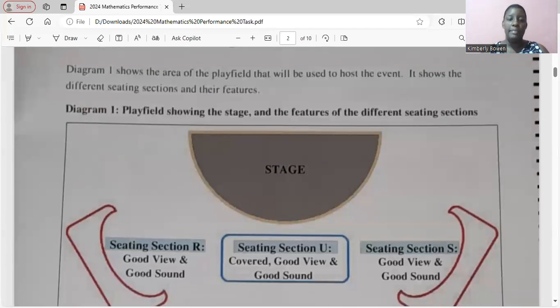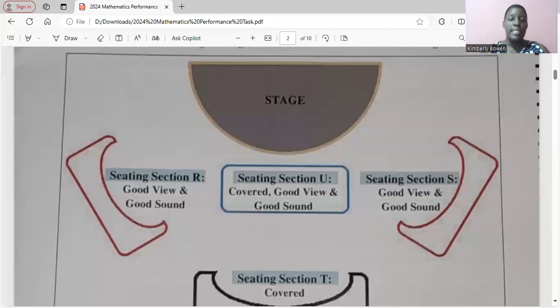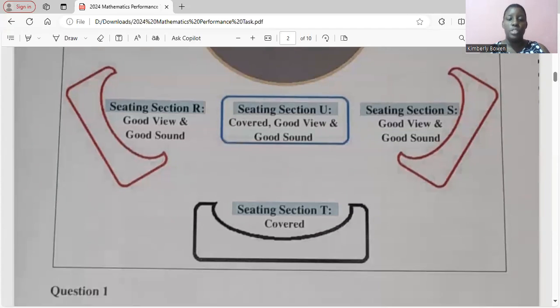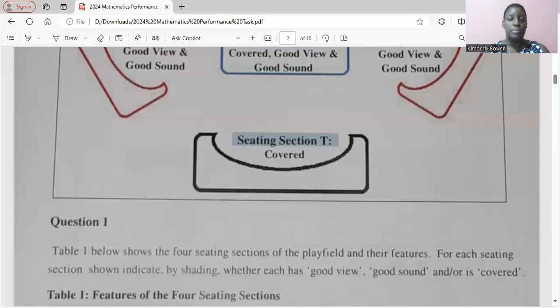Diagram one, playfield, showing the stage and the features of the different seating sections. Seating section R has good view and good sound. Seating section U, covered, good view, good sound. Seating section S, good view, good sound.